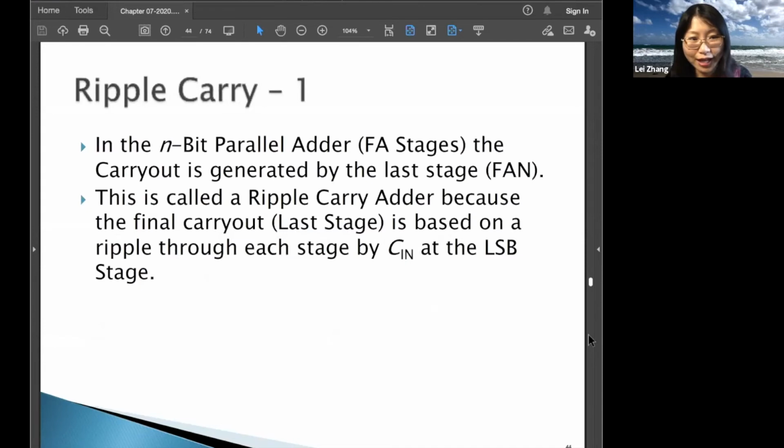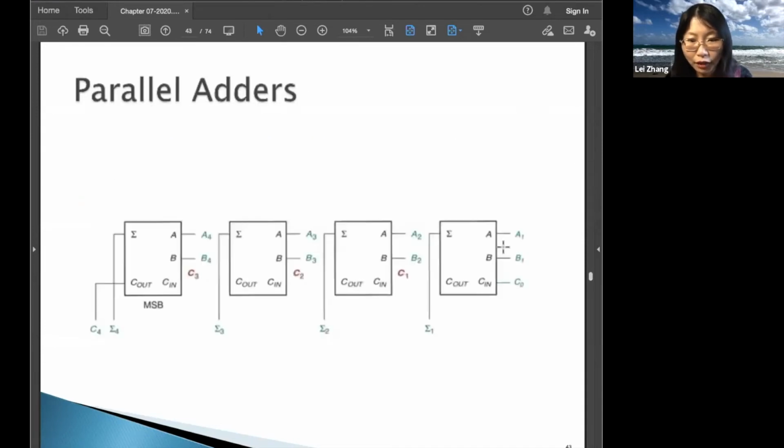And for the data, we will have 4-bit data in for each binary number.